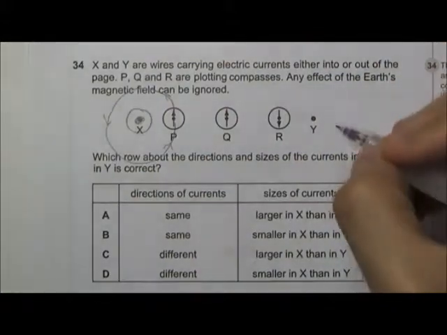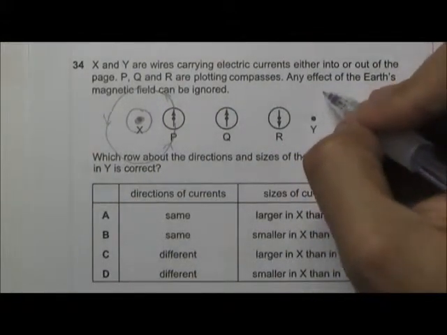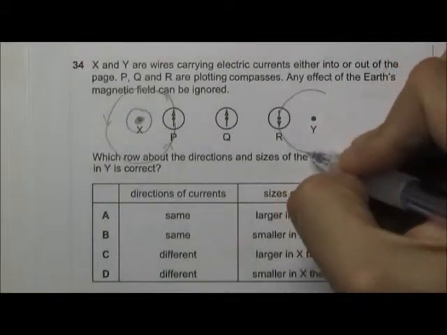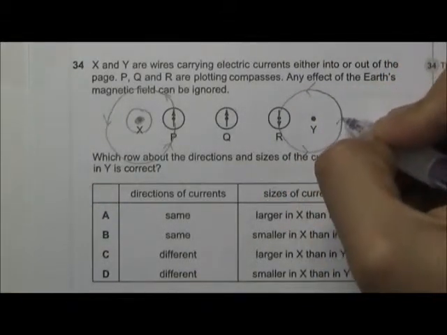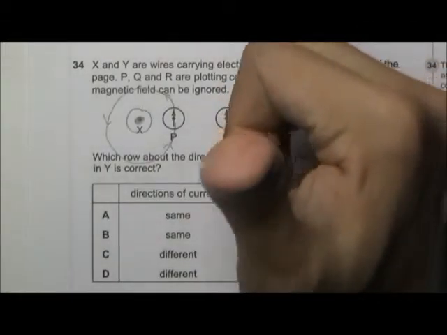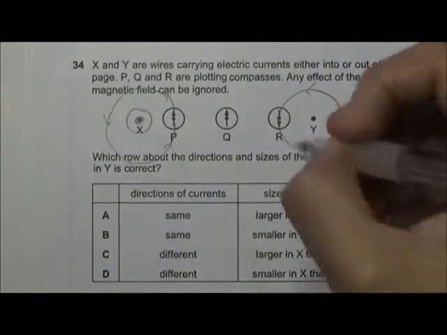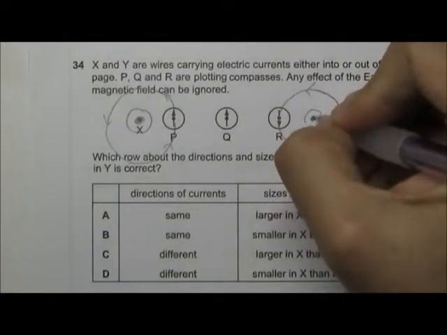Okay, so now let's look at wire Y. The circular magnetic field is also going in an anti-clockwise direction. So using the right hand grip rule, the current in wire Y is also flowing out of the paper, represented by a dot.